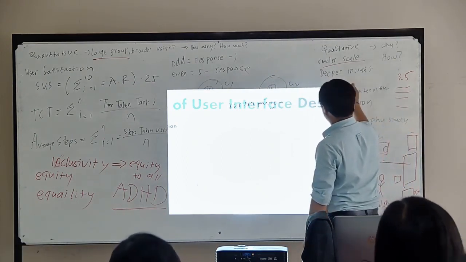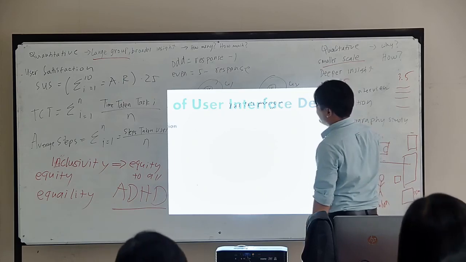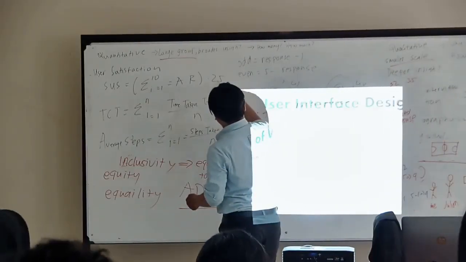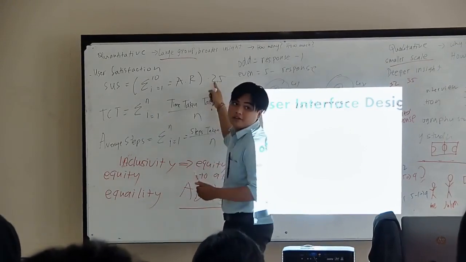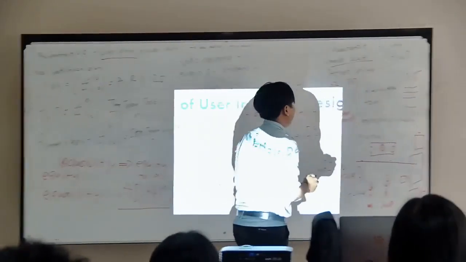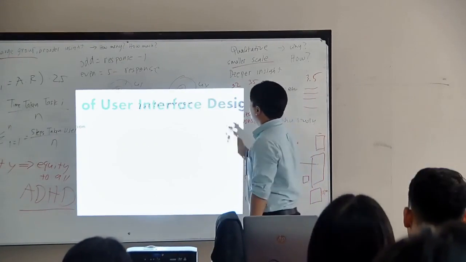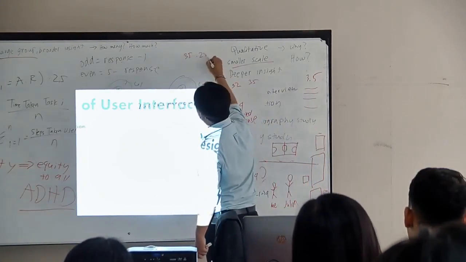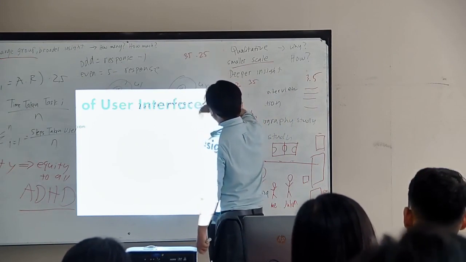35. Okay, 35. This is 2.5. So 35 times 2.5. How is the score?